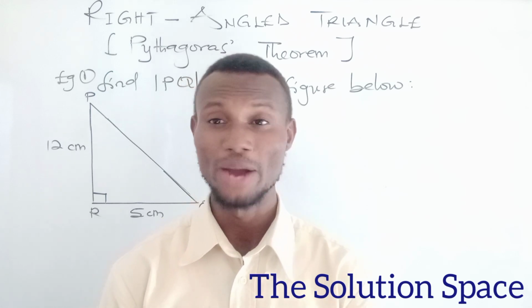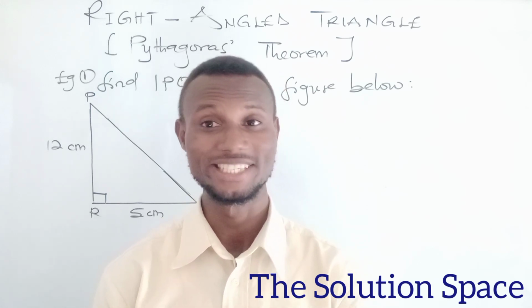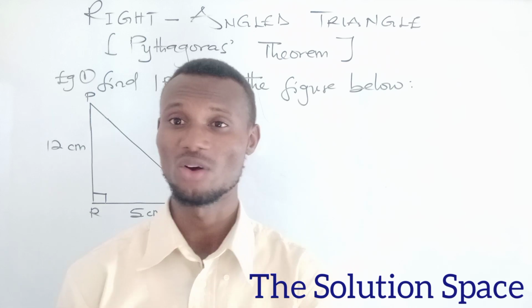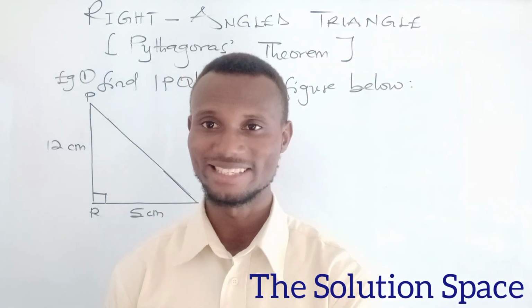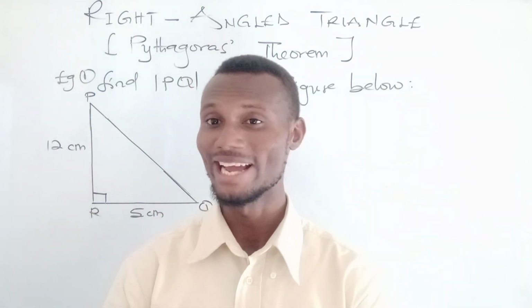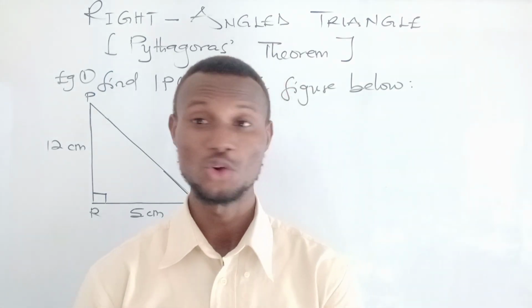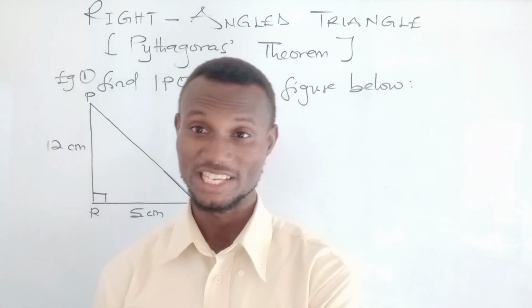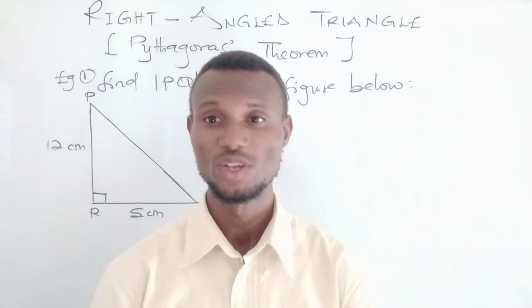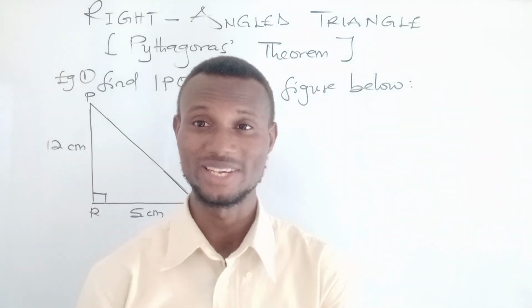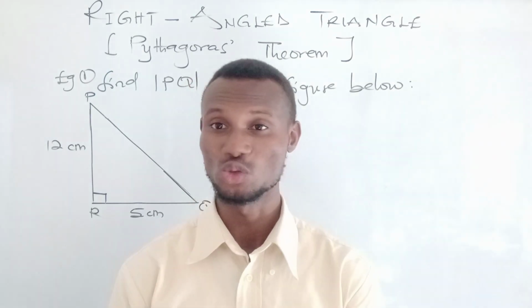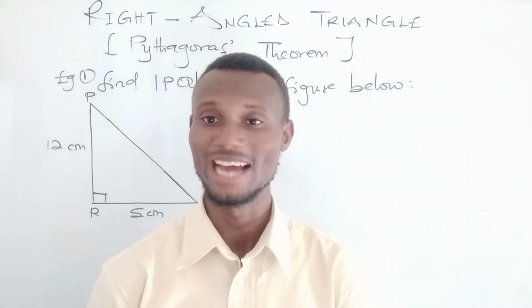I advise that you watch the first video, because it lays the foundation and the explanation that you need about the Pythagoras theory. I've done all those explanations in the first video, so please do watch it so that you get a good foundation to be able to handle this session as well.